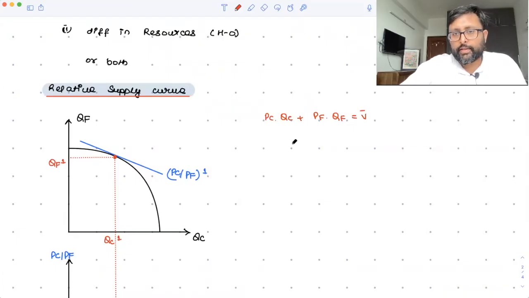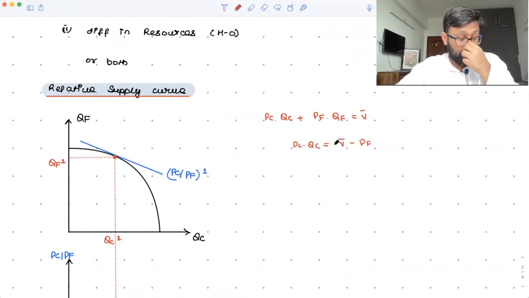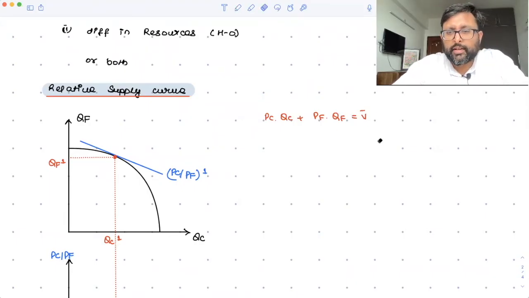So you can write this as PC QC equals V bar minus PF QF, or it's better for me to write in terms of QF.